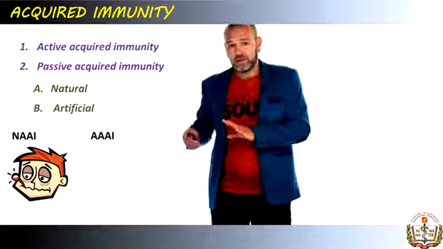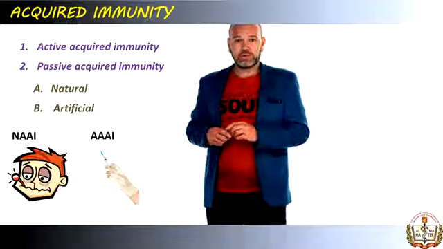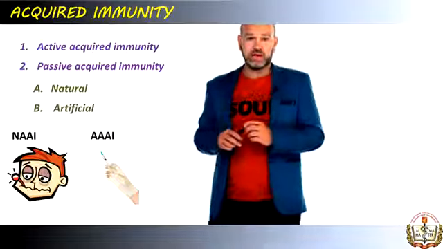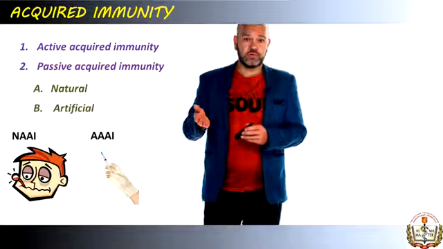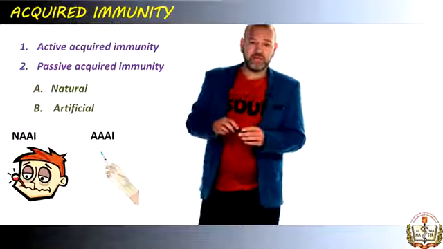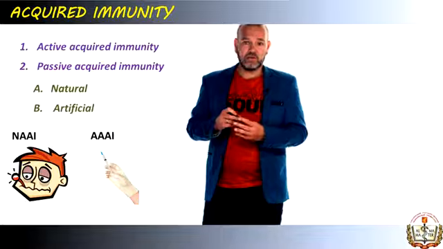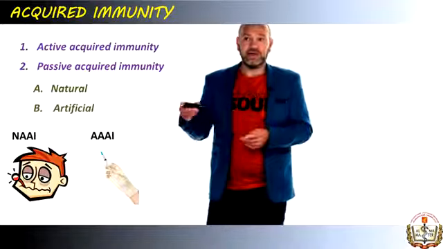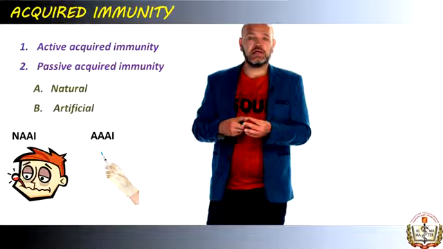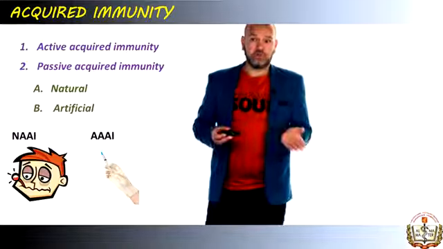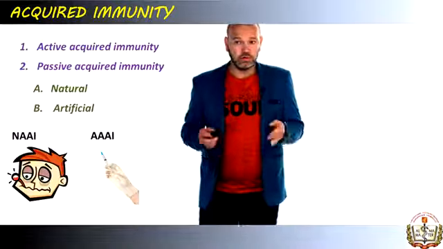And who can that be? Of course, here we're talking about injections by medical staff, by medical personnel. So artificial active acquired immunity is an immunity induced by injection of antigens. And later we will talk about vaccines and toxoids.